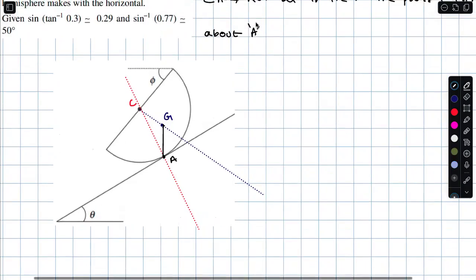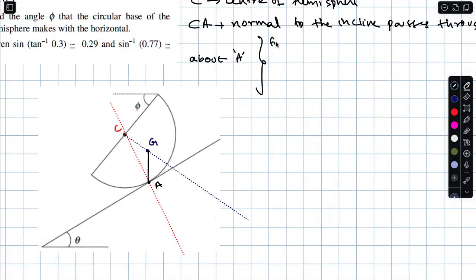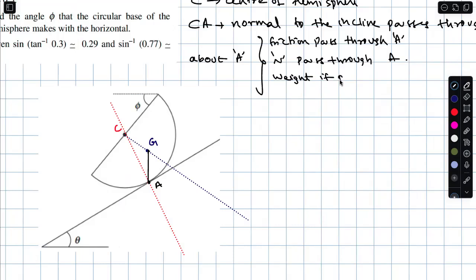If three forces pass through one point, it's in equilibrium. Friction passes through A, normal reaction passes through A, and if weight passes through A, the hemisphere is in rotational equilibrium.